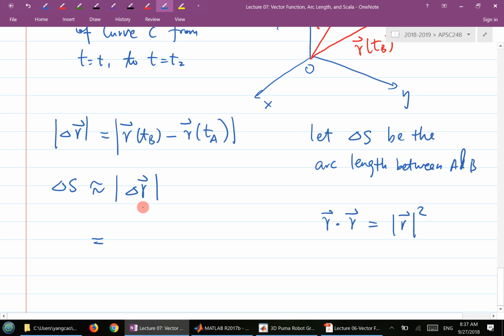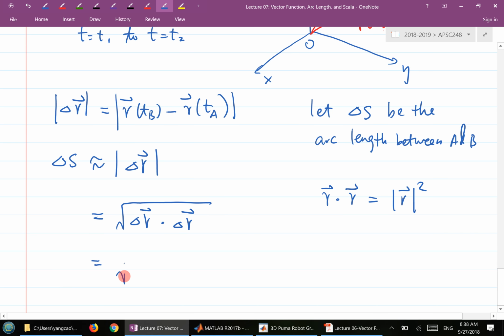So now if I look at this norm here, I can write down an alternative for this length delta R: delta R dot itself, and take the square root to give me the length. So that's your delta S, approximately equal to this.